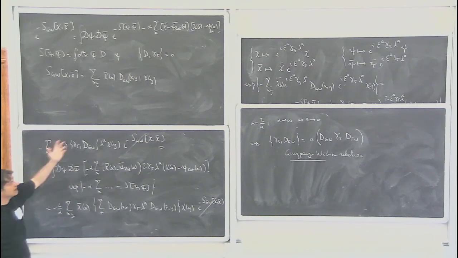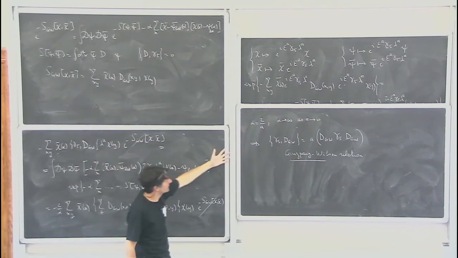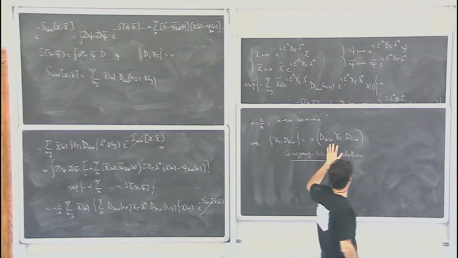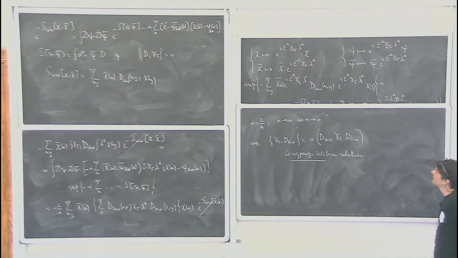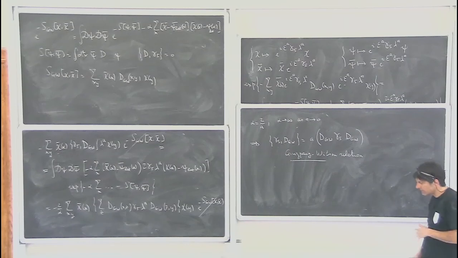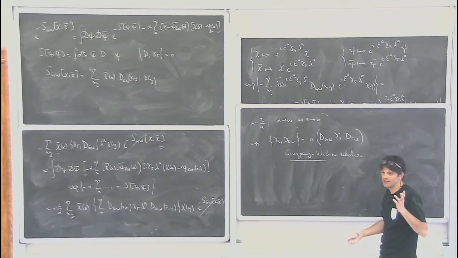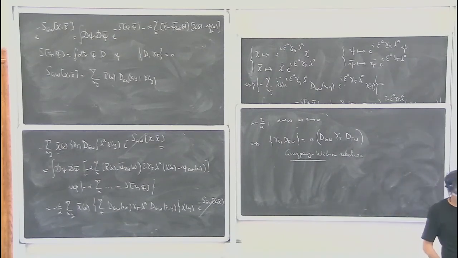And indeed, nobody knew how to find an operator that satisfied these properties until a solution was found. Okay, and that was a complete revolution. Actually, two solutions were found in independent ways.